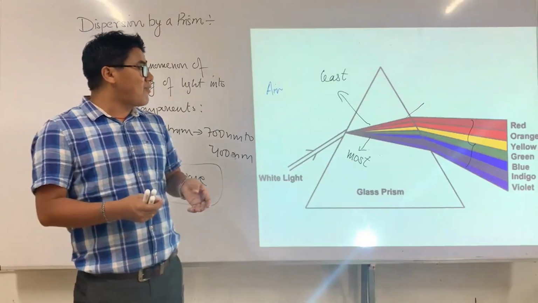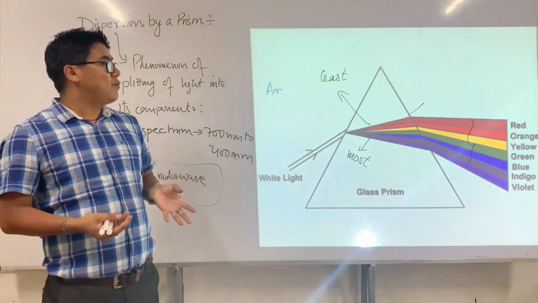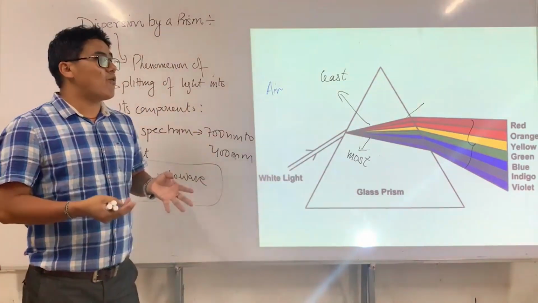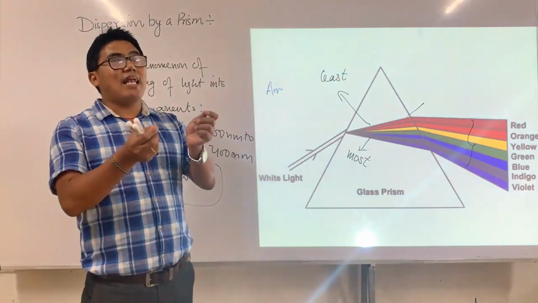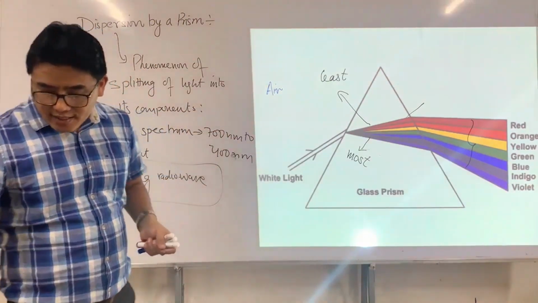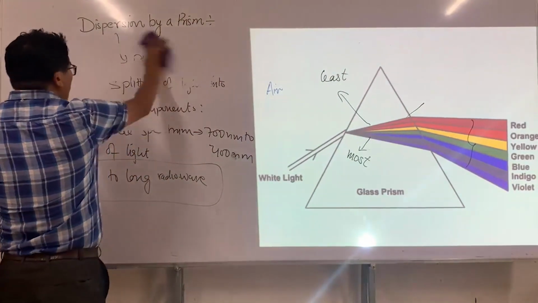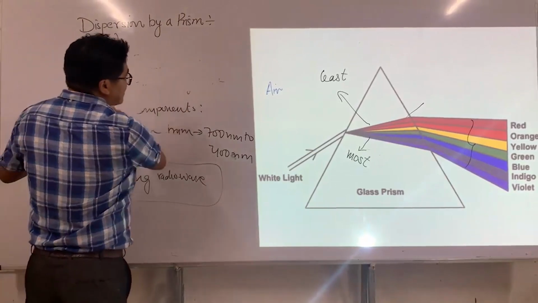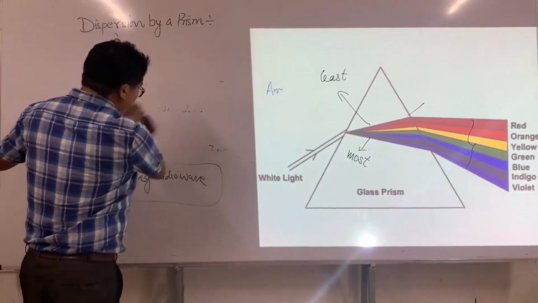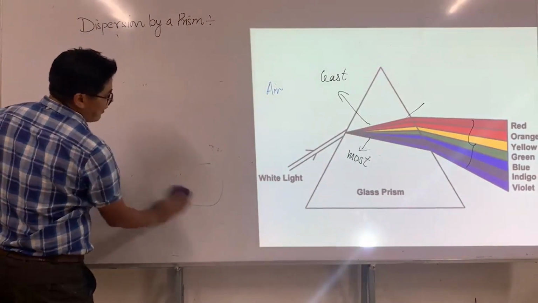And some say that no, it is not a prism that creates, it is a light which has all these 7 colors, and this is a prism which splits a light into 7 different colors. Alright, and finally it was Isaac Newton who performed one very simple experiment which proves that visible light has 7 different colors, or visible light has 7 different wavelengths.